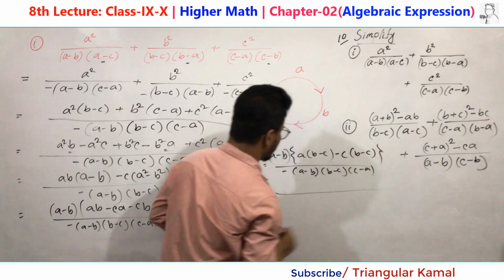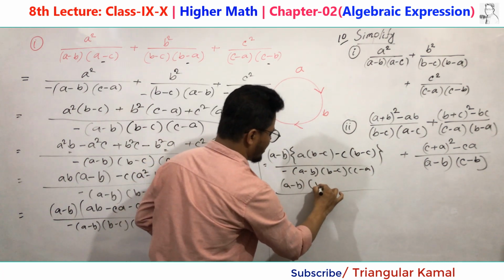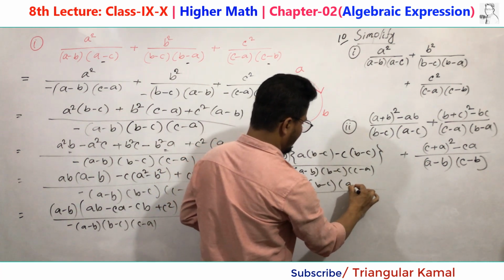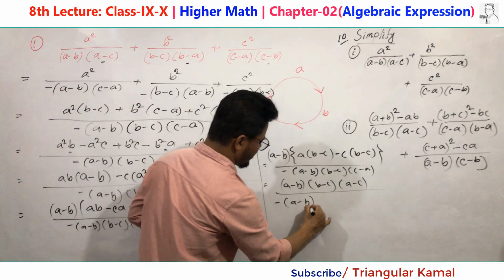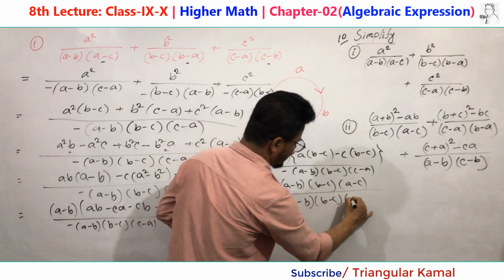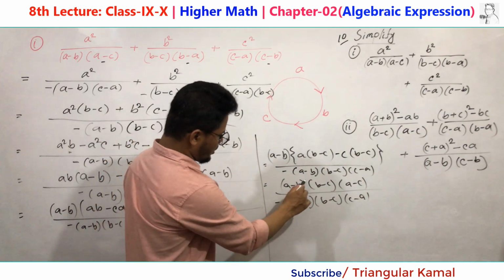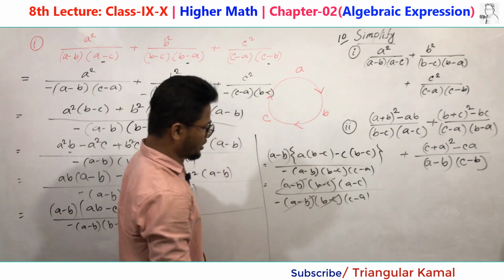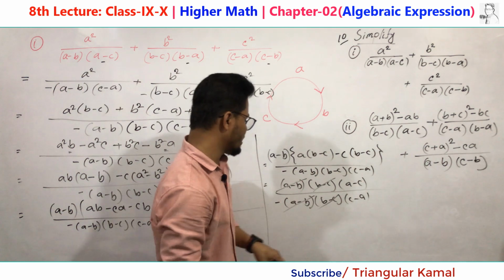Now do the simple calculation here. Here the common one is b minus c, and the remaining part here is a minus c, and this one is now a minus b, b minus c and c minus a. What we see here is that this is now the same, we can eliminate, this is also the same, we can eliminate. So here remaining a minus c, here is also c minus a.